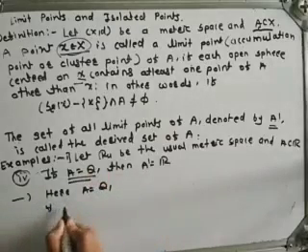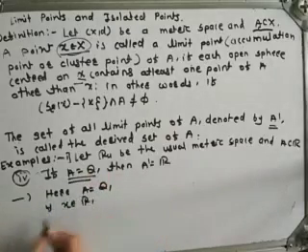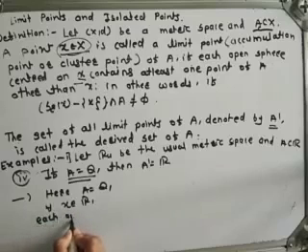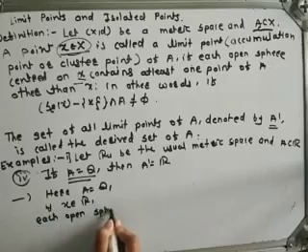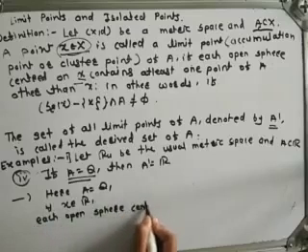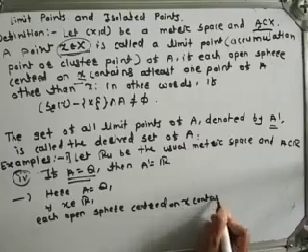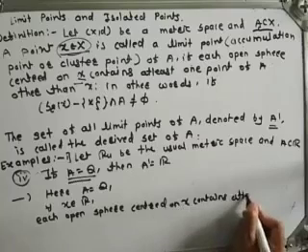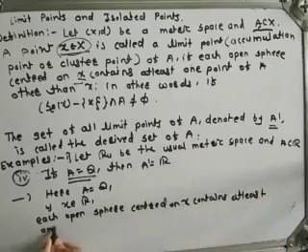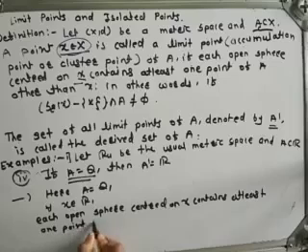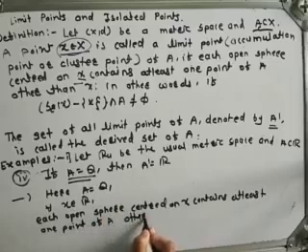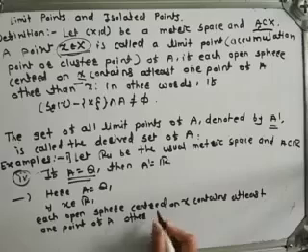Because for all x belongs to R, each open sphere centered on x contains at least one point of A other than x.